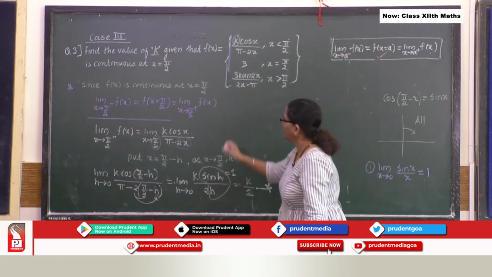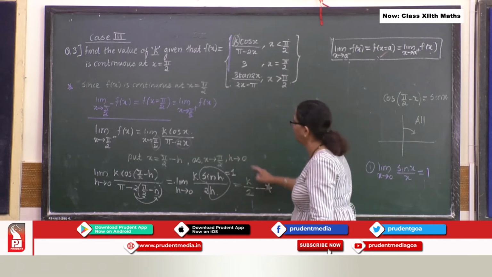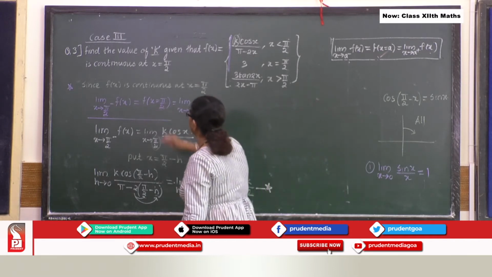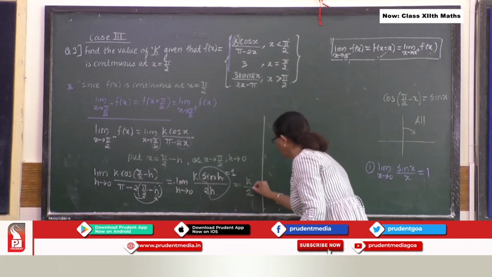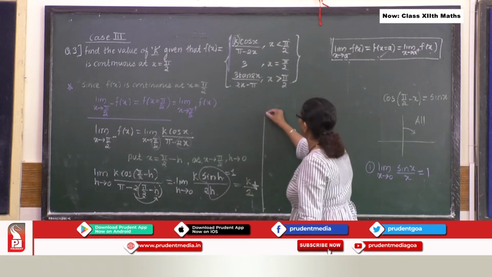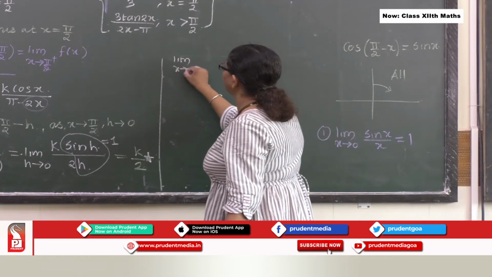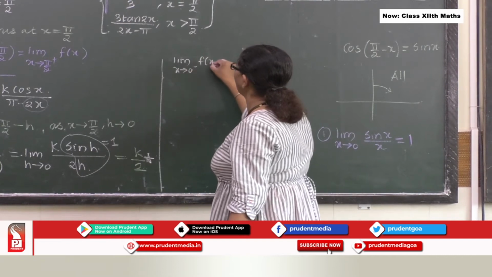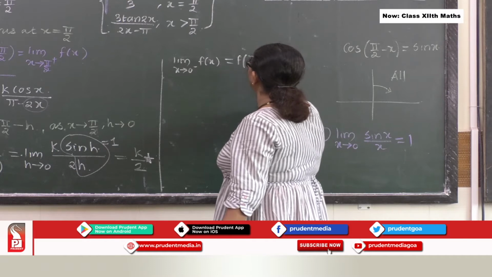Now here this is nothing but f of x equal to 2. So I compare here, let me say this is what I am getting. So I am saying here limit x tends to 0 minus f of x is equal to f of pi by 2.